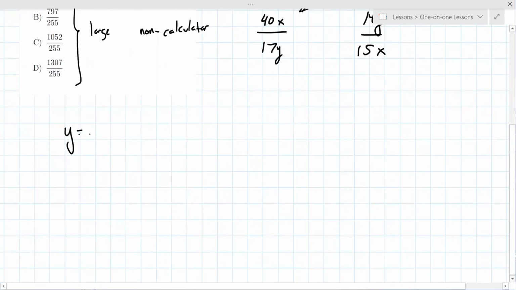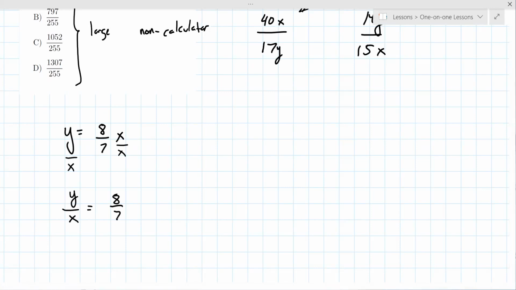And you wouldn't necessarily know to do this, but let me show you this. So if I move the x to the other side of the equation, I can do that by dividing both sides by x. So this becomes y over x equals 8 over 7. Do you see that? Yeah. Okay. And then if I cross multiply here, so let me start again.